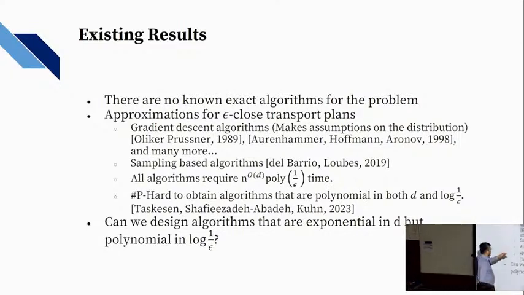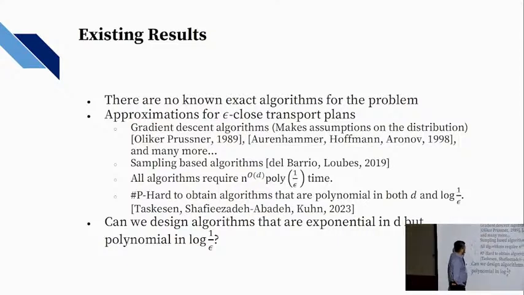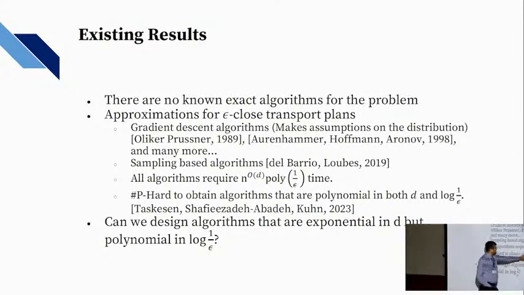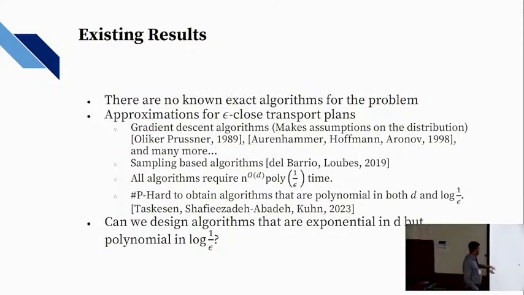And if you run sufficiently many iterations, you can get epsilon close to the optimal semi-discrete optimal transport. But the number of iterations you need is typically polynomial in 1 over epsilon. The other method is sampling.